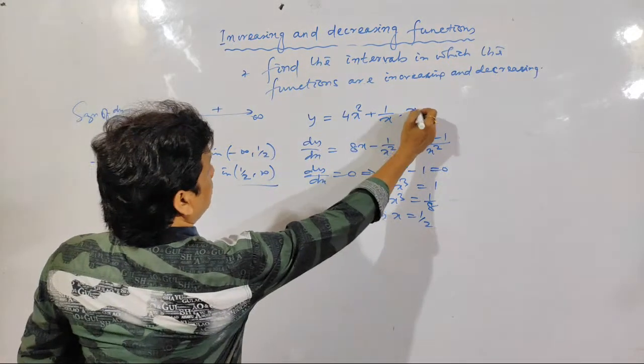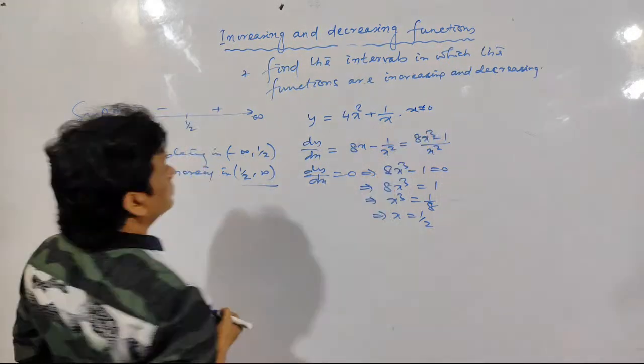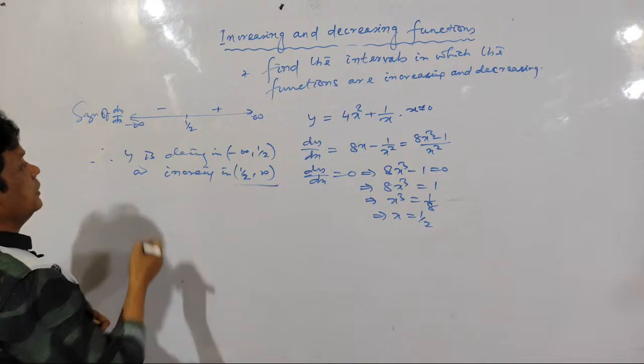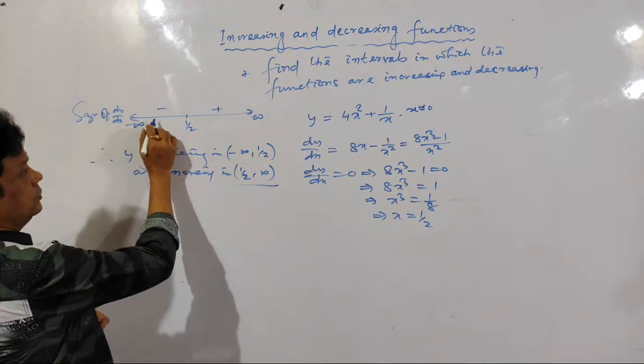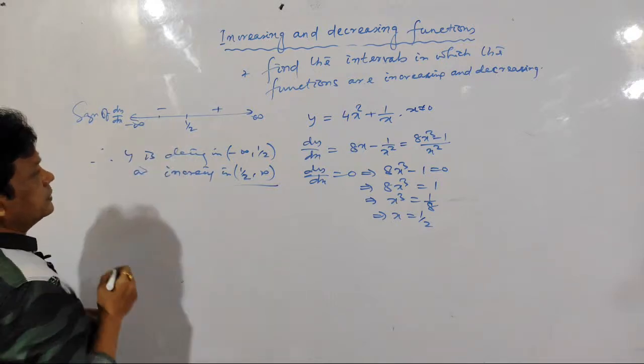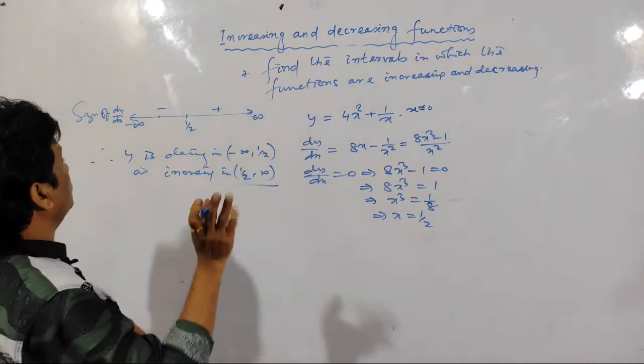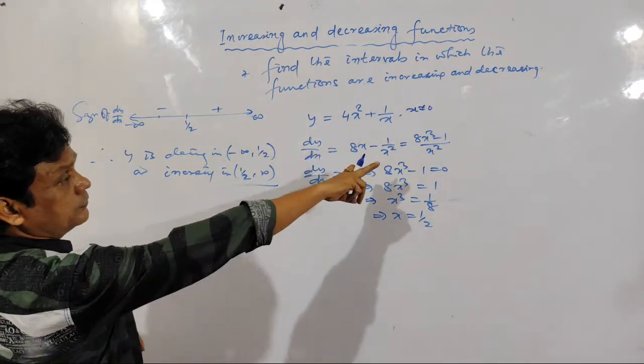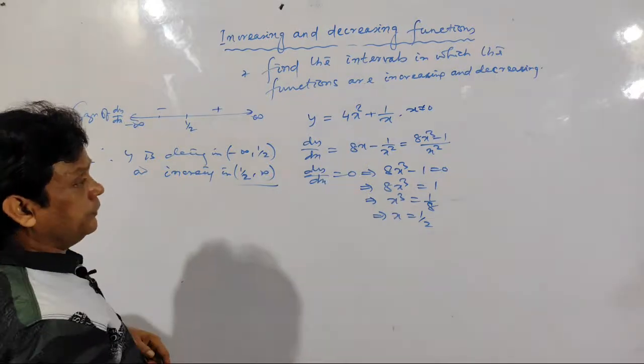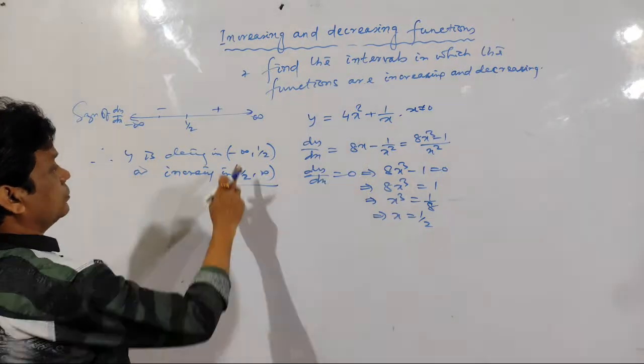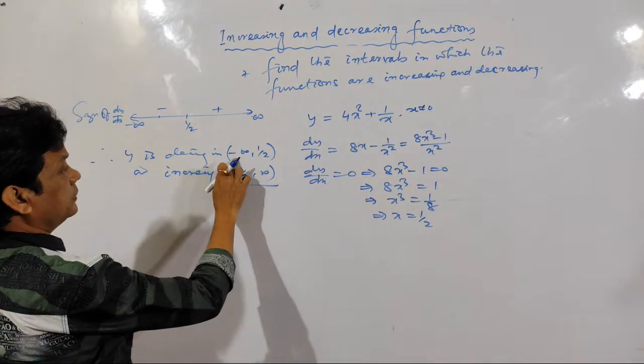The condition is that x is unequal to 0. Clear? So you cannot take 0. That means, see here, another point is there. You should consider that, because at 0 it is undefined. So we cannot say this one.